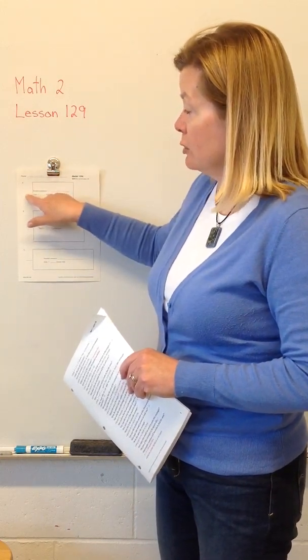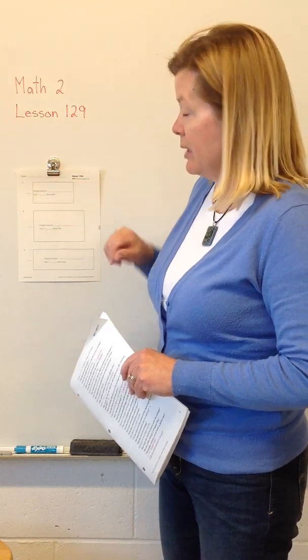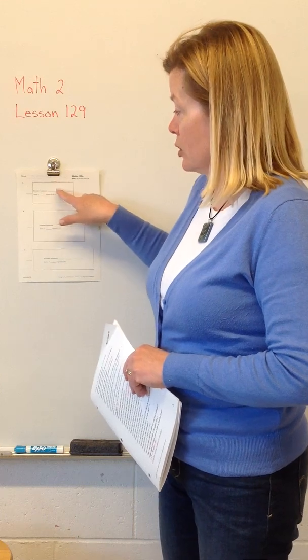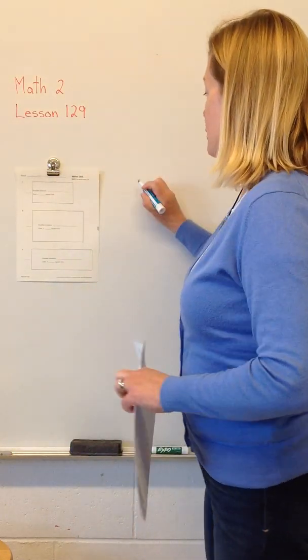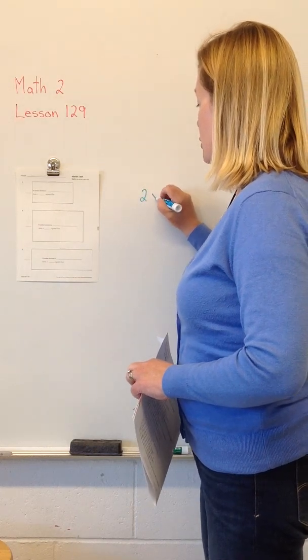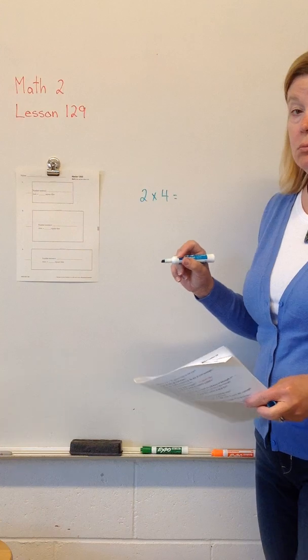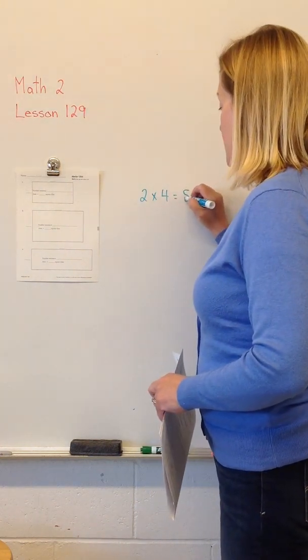So you're going to write a 2 to the left-hand side, and how many tiles are in each row? 4. So here for your number sentence, we are going to write 2 times 4 equals, what does it equal? 8.